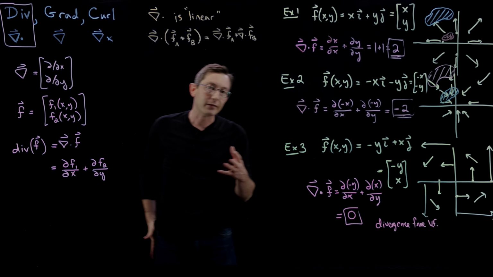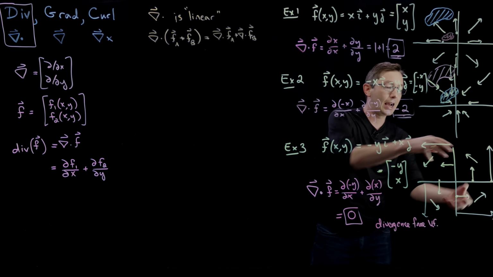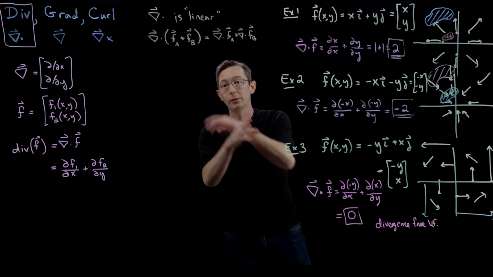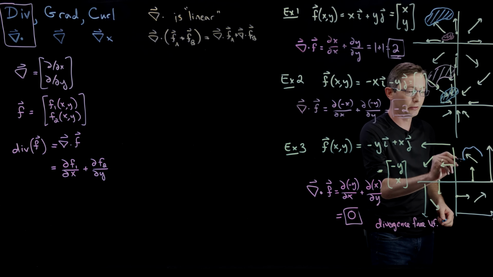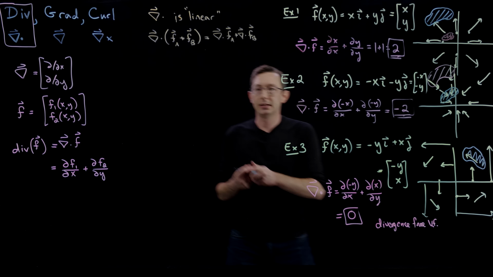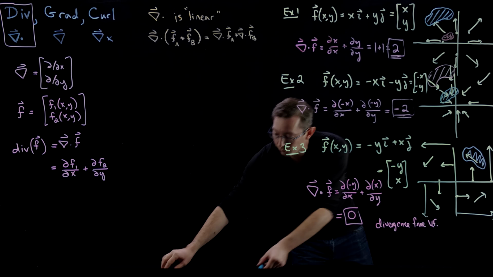Okay, very important type of vector field. One of the intuitive pieces is that a divergence-free vector field is characterized entirely by rotation. It's not sourcing or sinking, it's only rotating. So if I take my little patch, let's put a little patch right here, this patch doesn't get stretched or shrunk, it just rotates around.